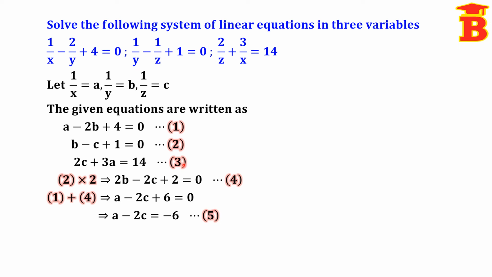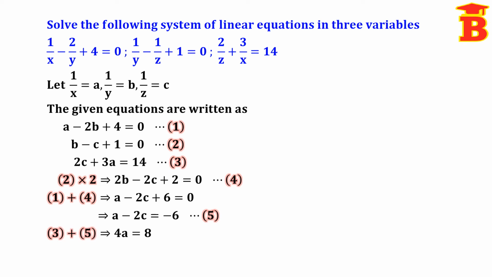Now we can solve the equations 3 and 5. In equation 3 we have the term 2c, and in 5 also we have the term 2c. We can cancel any one letter, and here we have 2c and here minus 2c. So adding these we can cancel this term.